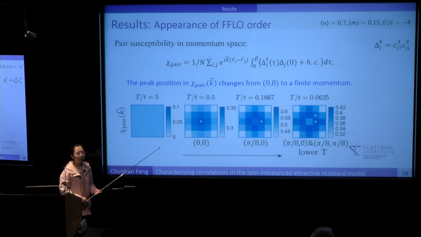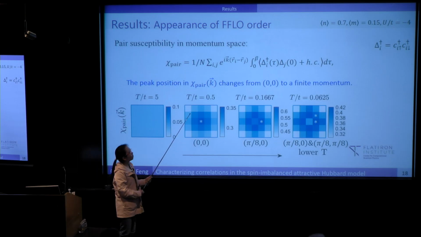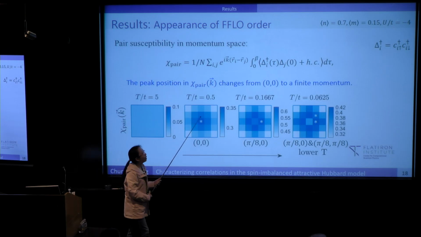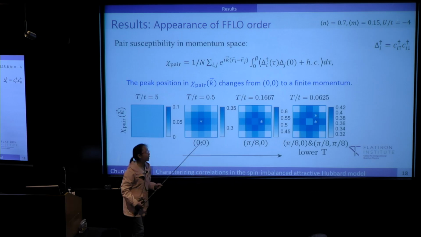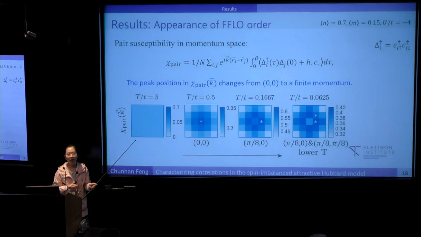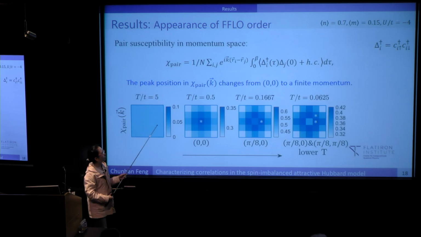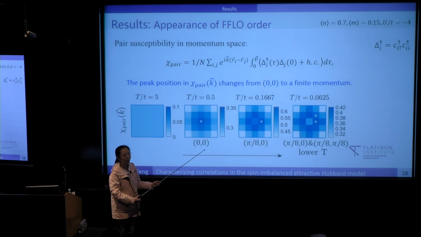And the second quantity we look at here is the pair susceptibility in the momentum space, which is actually a Fourier transform of the unequal time pairing correlation integrated over imaginary time. And for the high temperature case, since only the on-site term dominates, it's almost uniform in the momentum space. And later, when we lower the temperature, we first see there is a peak here at k equal to (0, 0).